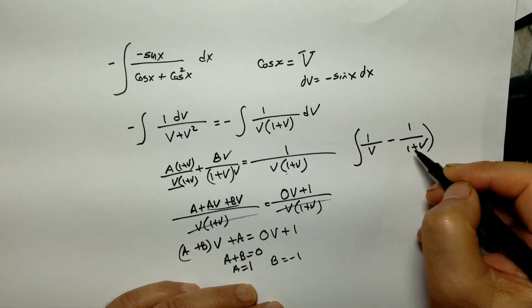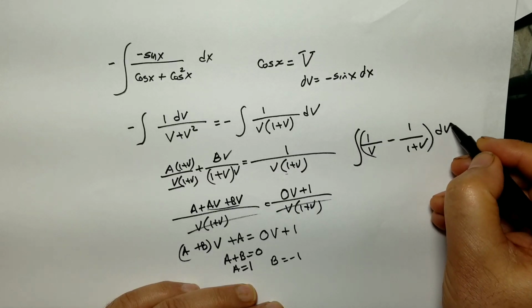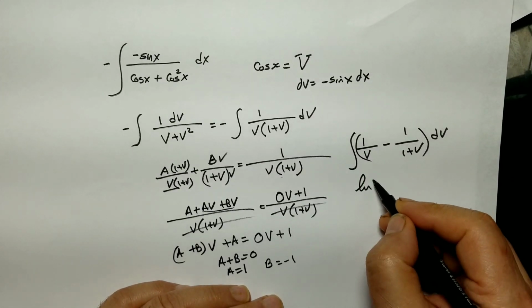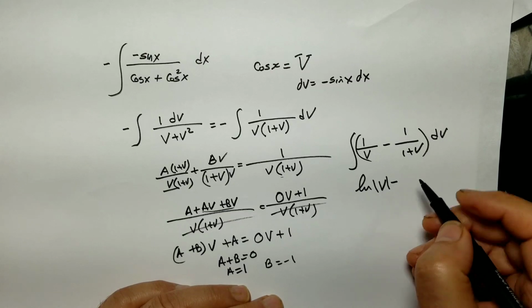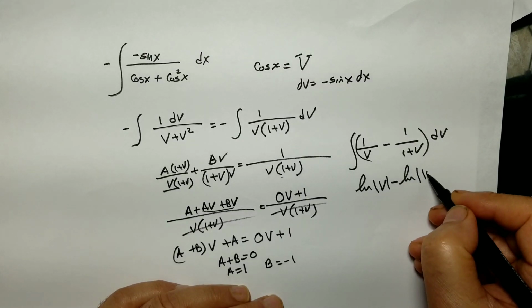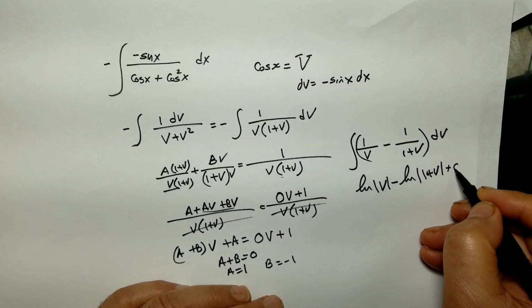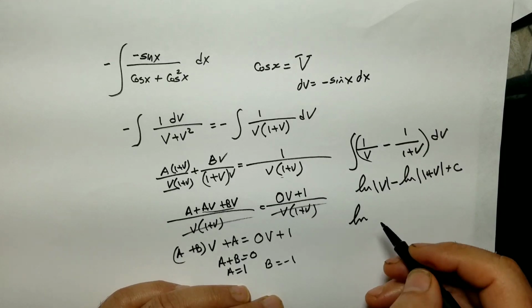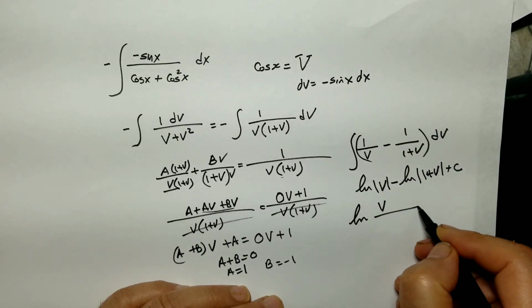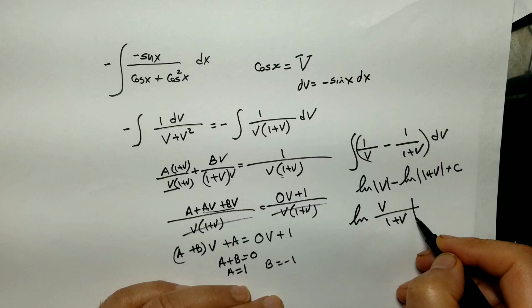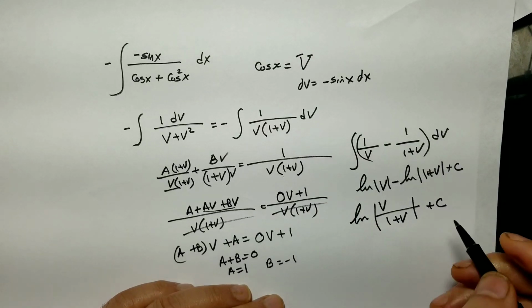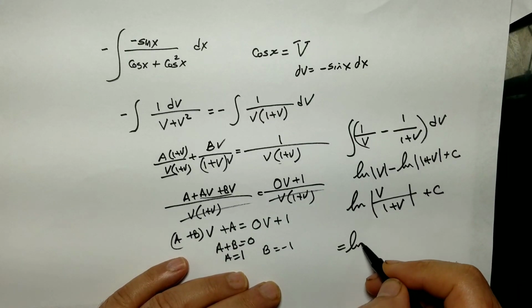And I'm going to integrate this one with respect to v. This is the natural log of v minus the natural log of 1 plus v, plus C. I can write this one as the natural log of v over 1 plus v, plus C. What was my v?